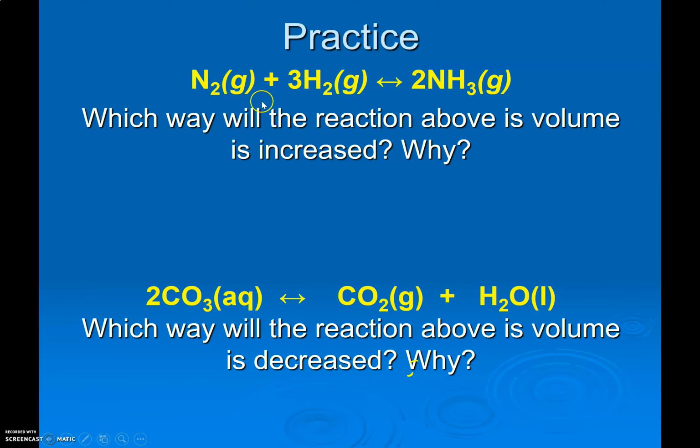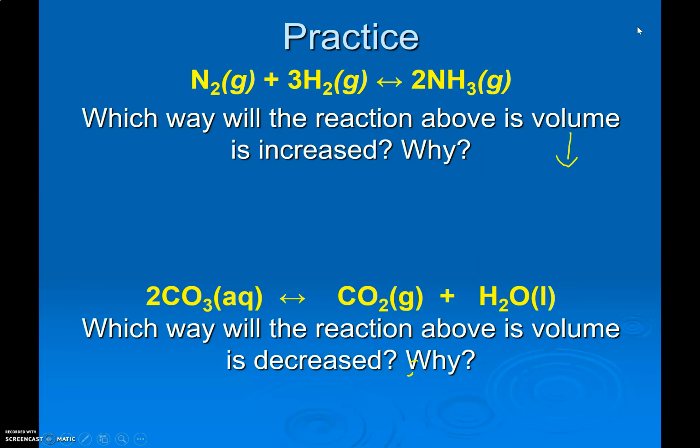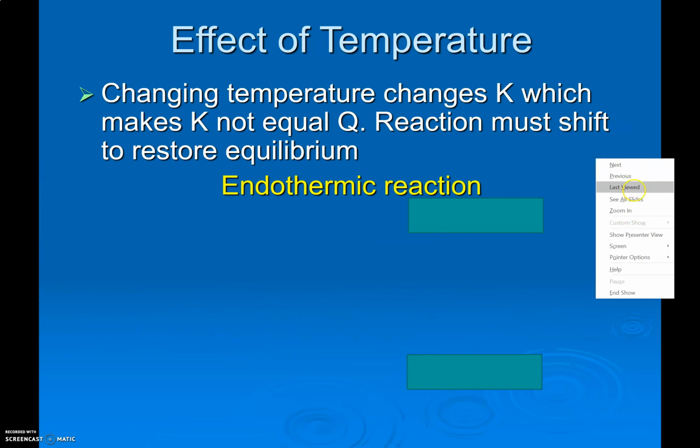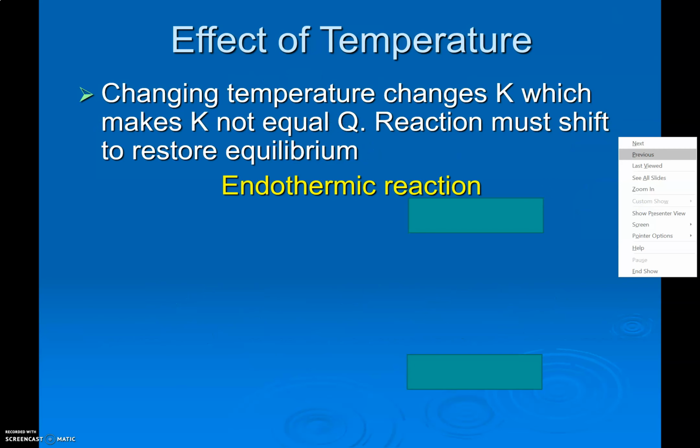This one says, which way will the reaction above shift if the volume is increased? Well, if I increase the volume, what am I doing to the pressure? The container is getting bigger, so the gas molecules are going to hit the wall less, so you're lowering the pressure.